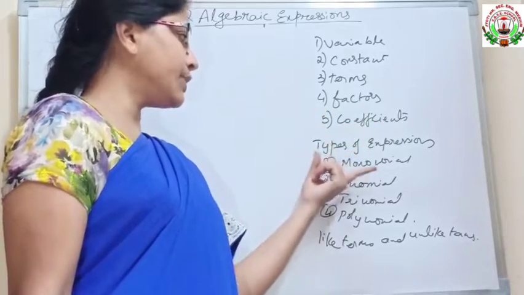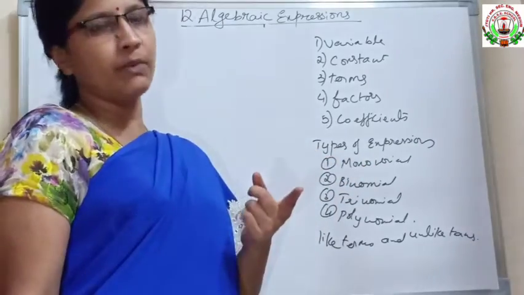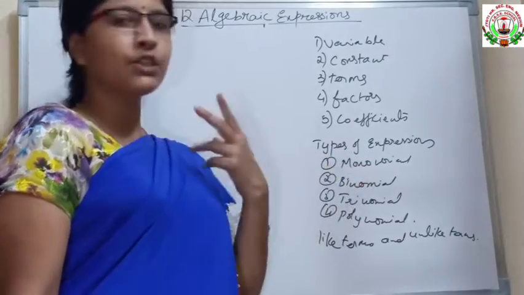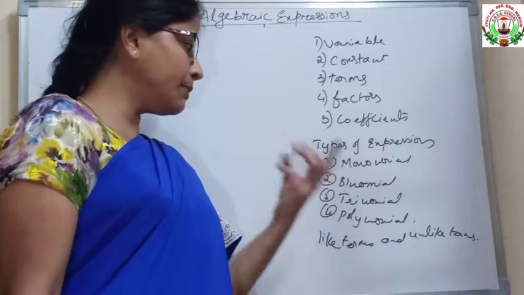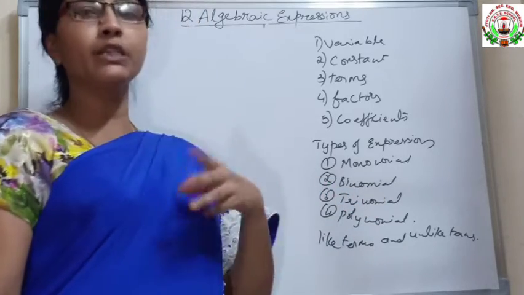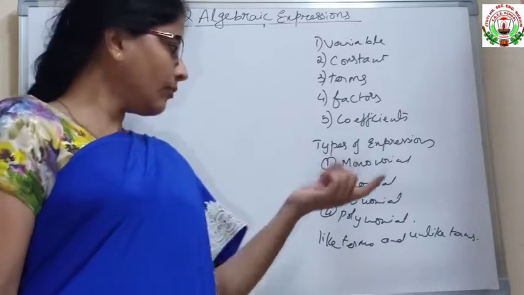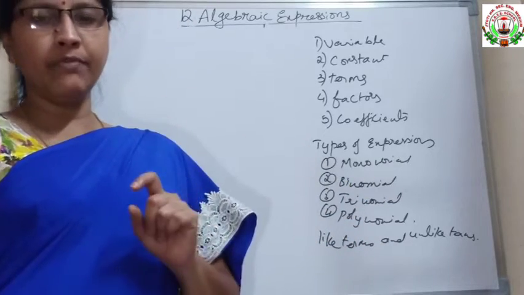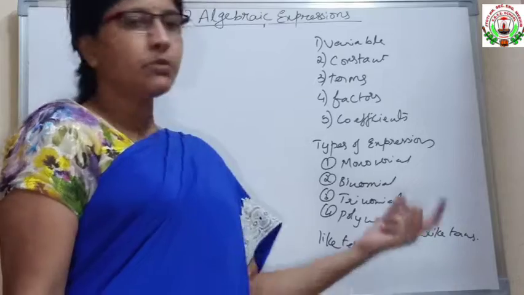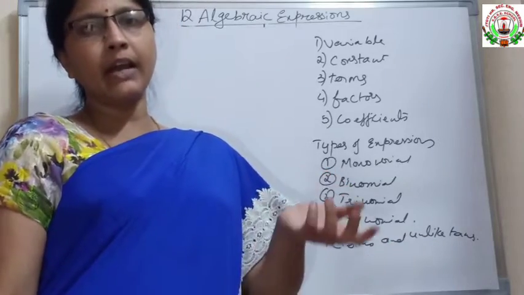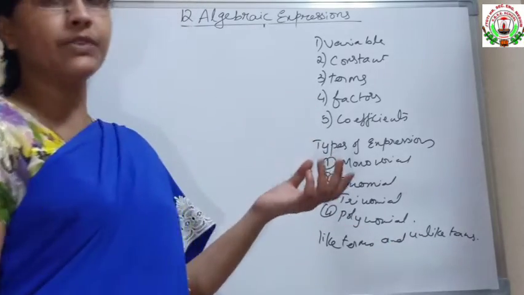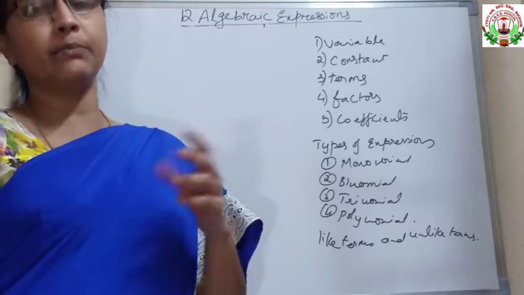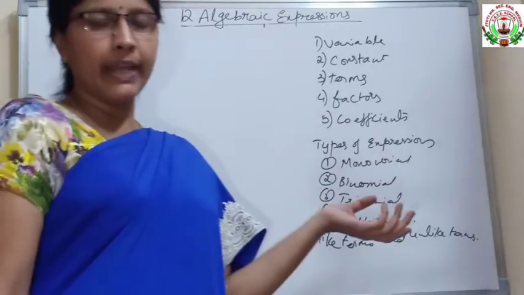Next, types of expressions. Monomial means single term expression, binomial means two terms, trinomial means three terms, and polynomial means more than one term. Like terms means terms which are having the same variable, and unlike terms means the terms which are not having the same variable. Next class we have learnt about addition and subtraction of algebraic expressions.